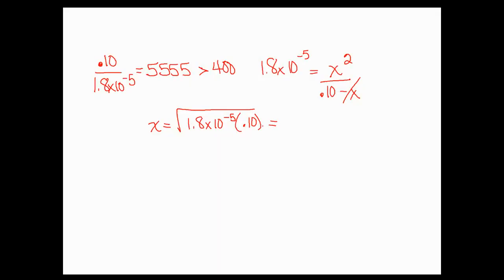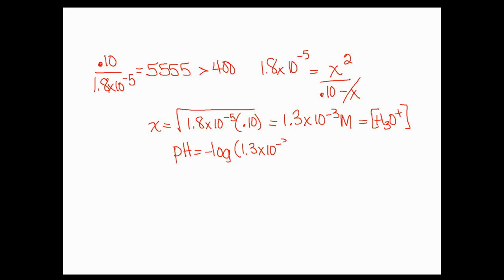And I will get 1.3 times 10 to the negative 3 molar. And that's going to equal our H3O plus concentration. So the pH then will be the negative log of that value. And that will equal 2.98.